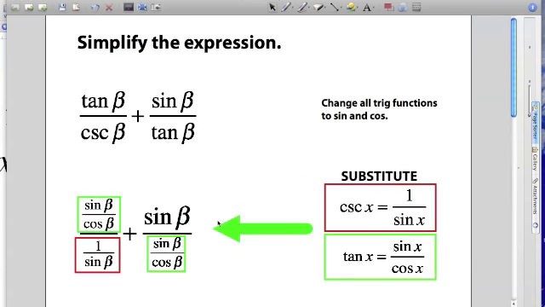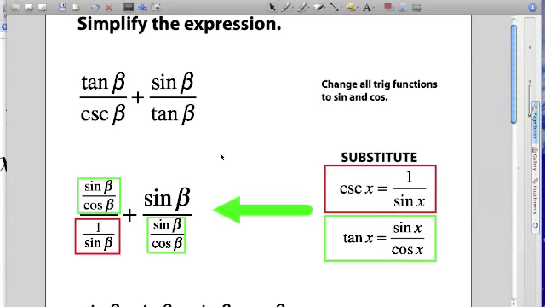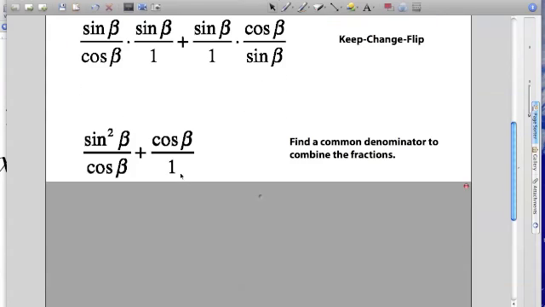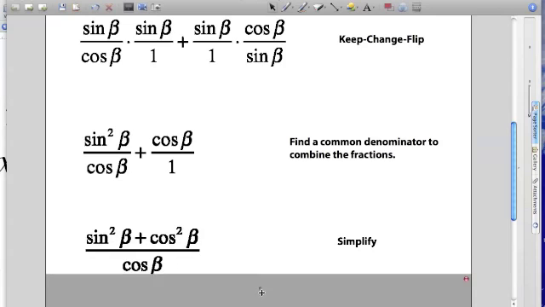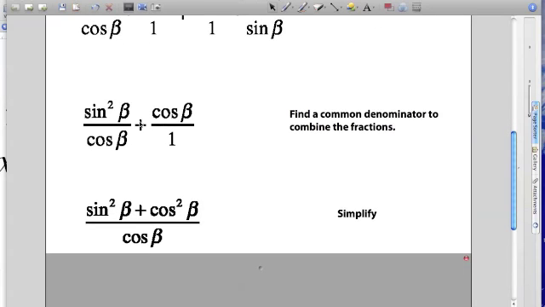Now if you remember, I'm really trying to make these 2 fractions into, at best, or at worst I guess, no fractions at all. So we go back down. I still have 2 fractions, so we're going to find a common denominator and combine this into 1 fraction. And you'll see that here, which is nice.